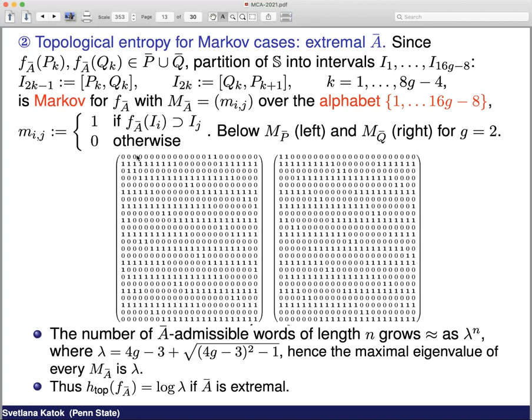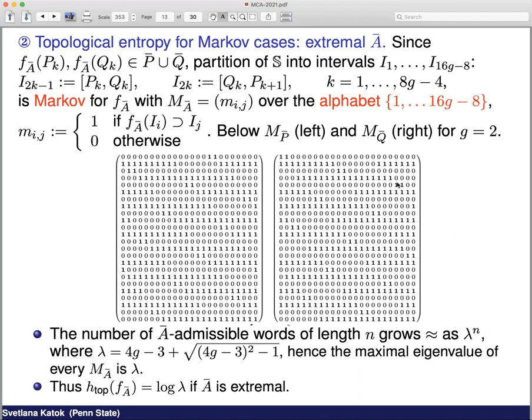So the odd rows only contain 2 ones, and the even rows contain 17, I guess, ones. And then they are all different, but somewhat similar. And this is the same for any extremal.